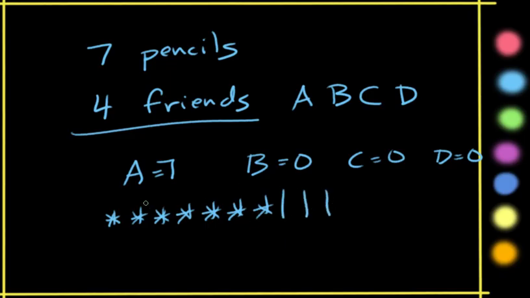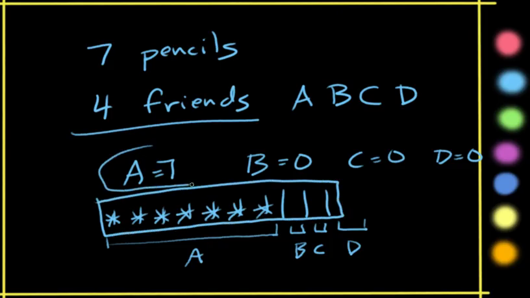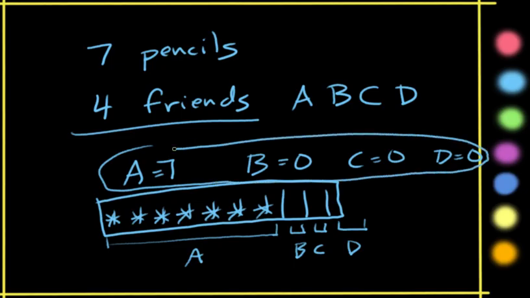What this represents is that any stars on this side of the first bar are Albert's pencils. Any stars in between the first 2 bars are Bill's. Any stars in between the next 2 bars are Carl's, and any stars over here are David's. So this ordering of stars and bars represents the situation where Albert gets all the pencils.